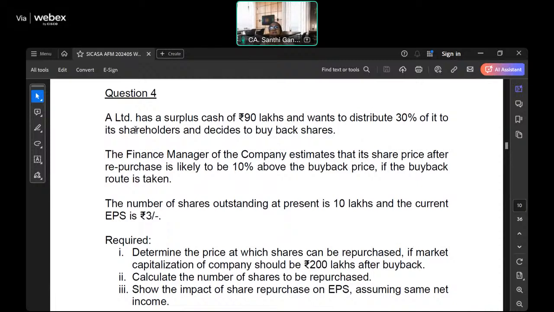For buyback, they need to have surplus cash. When you buy back, because you are using surplus cash, which is not generating any return, the normal assumption is that earnings do not get affected. If the earnings are not affected, but the number of shares are coming down, it will increase the earnings per share.